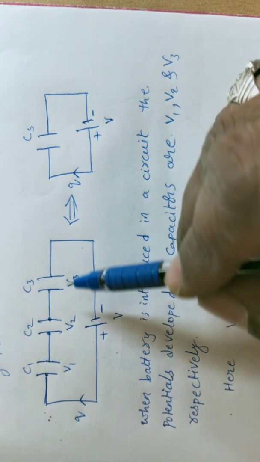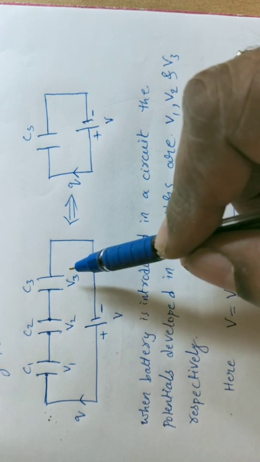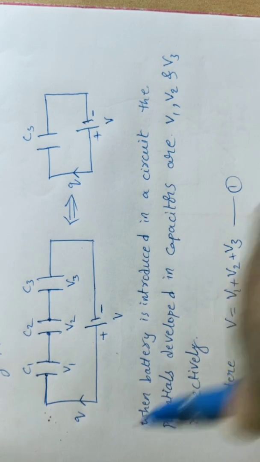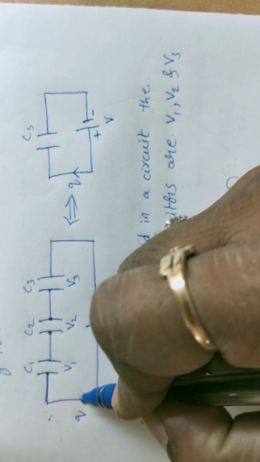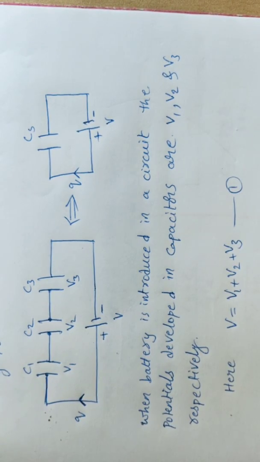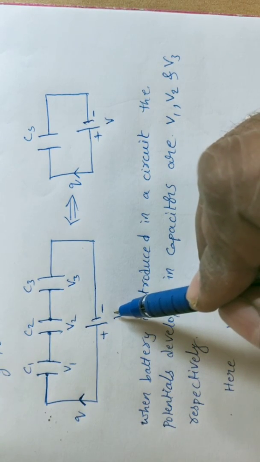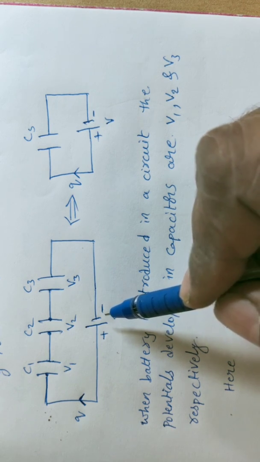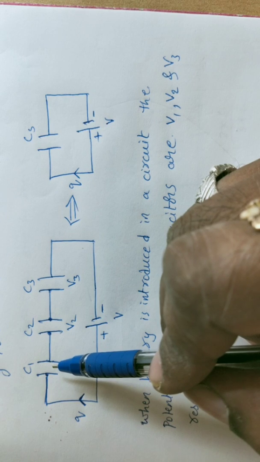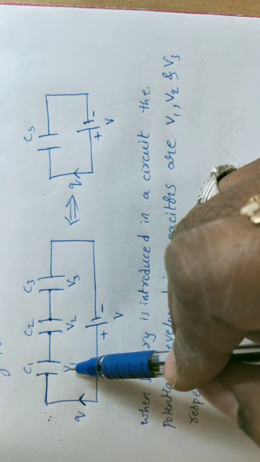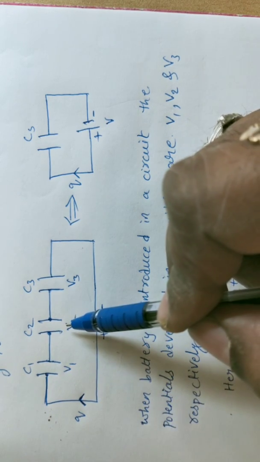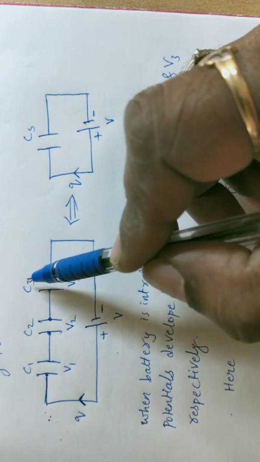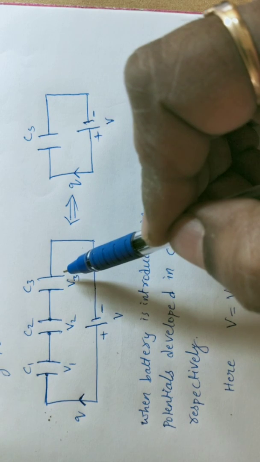So there is no chance to divide that charge in the circuit. This means in a series combination the charge flow is constant, but the potential given to the circuit is divided into individual potentials. In capacitor C1 potential V1 is developed, in C2 the potential is V2, and in C3 the potential is V3.